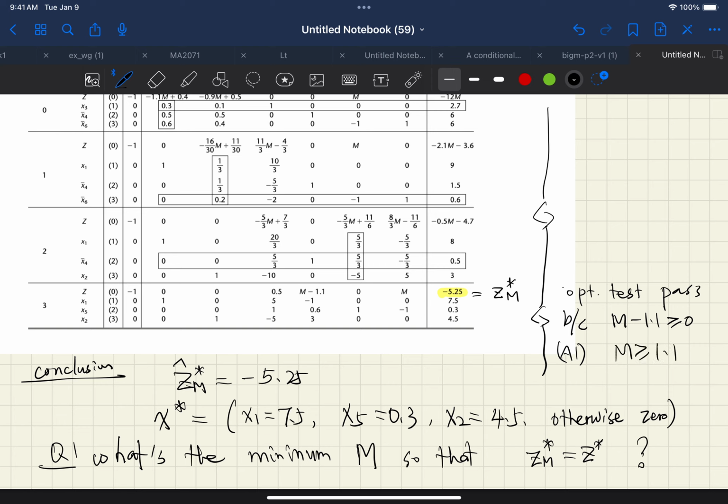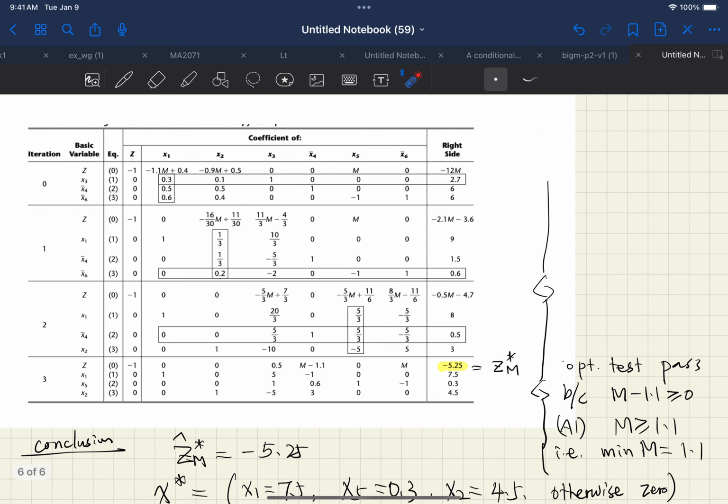In other words, the minimum M equals 1.1. If you take 1.1, the tableau goes to the optimal value wanted. We also want to know what happens if M is smaller than 1.1.